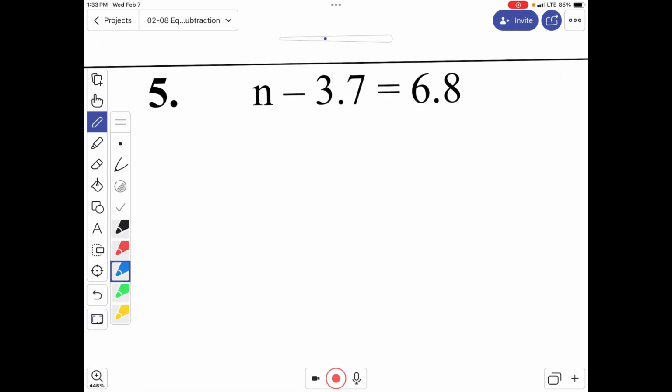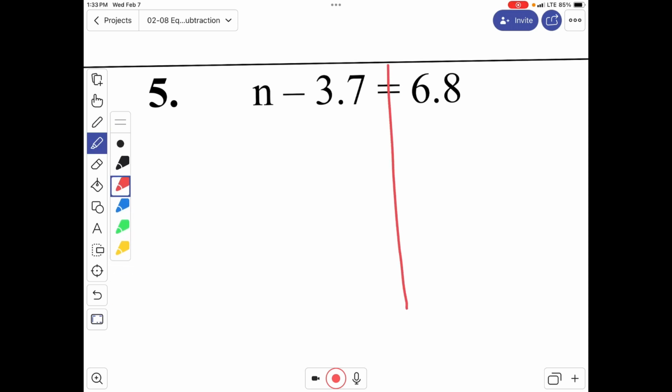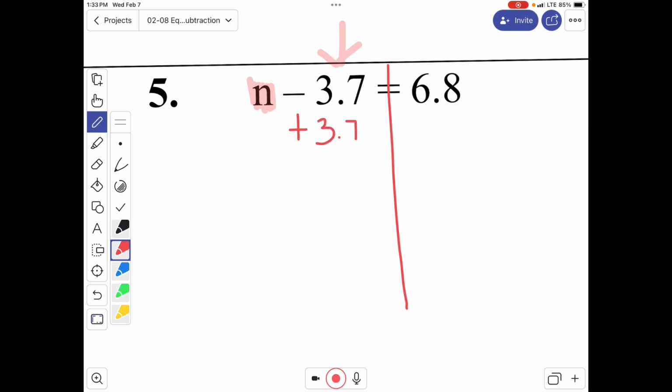Number 5. Oh, we've got decimals now. Draw the wall. Find the variable. So this is who we have to get rid of because he's next to the variable. The opposite of negative 3.7 is positive 3.7. So I need to do positive 3.7 to both sides.